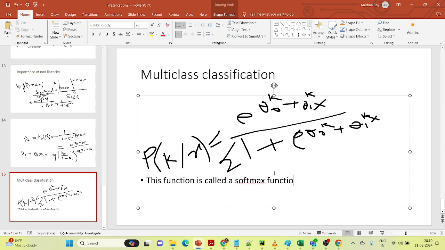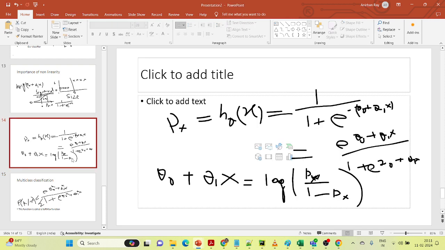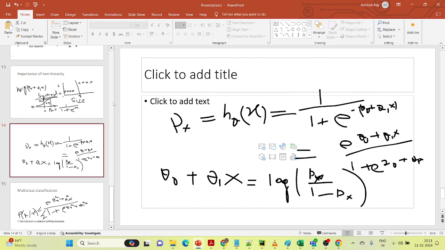The softmax function is used for generating probability in case of multi-class classification, and we can use sigmoid in the two-class problem.